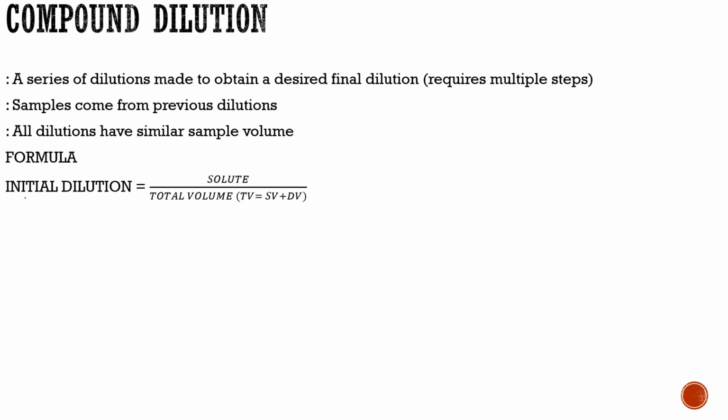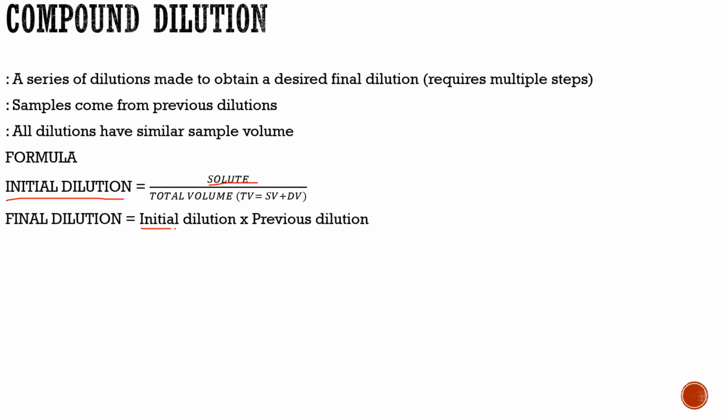Formula, class. The formula for compound dilution is initial dilution is equal to the solute over total volume. Total volume is the solute volume plus the diluent volume. Makitandaan yan, ha? Then there's a final dilution wherein final dilution is equal to initial dilution times previous dilution.